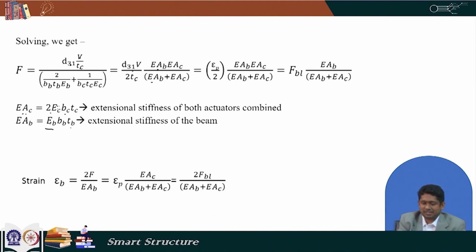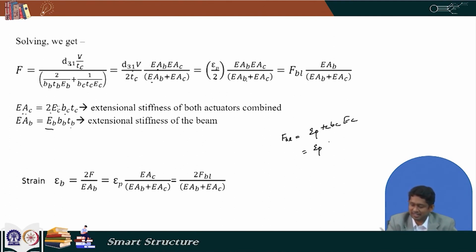Now, DC VC by TC is my epsilon p. So, epsilon p divided by 2, and this remains same, and then we can write this entire thing in terms of the block force also. We know that block force FBL is equal to epsilon p multiplied by TC BC into EC, and TC BC is the area of one actuator.